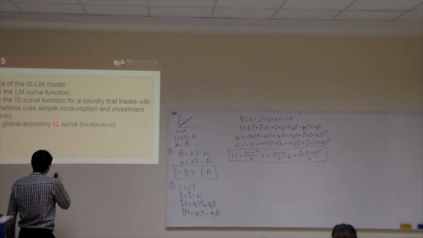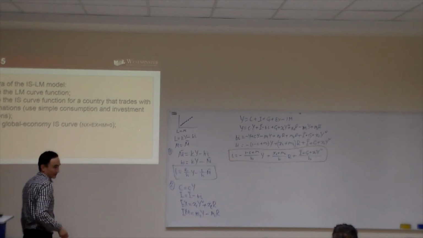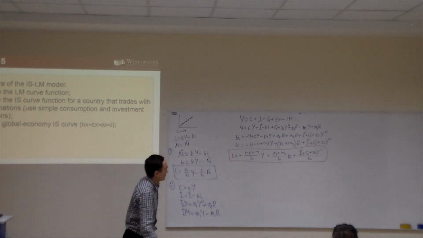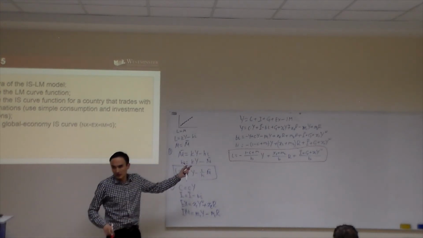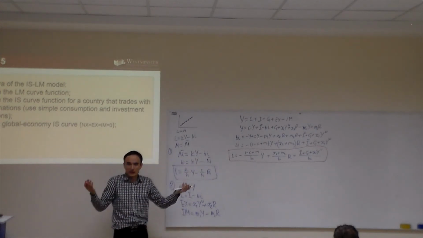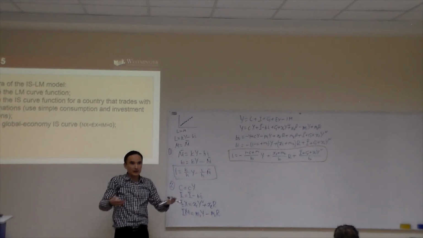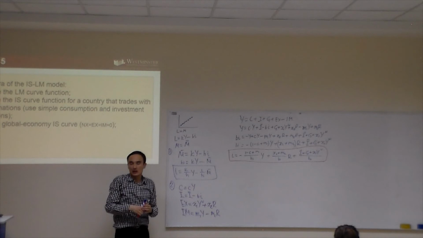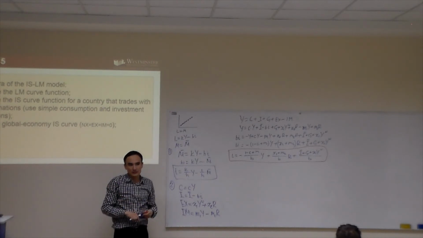Next: derive the global economy IS curve. Now this is an open economy, right? When we say global economy, we are making an assumption that the world is one country. There is no export, no import.